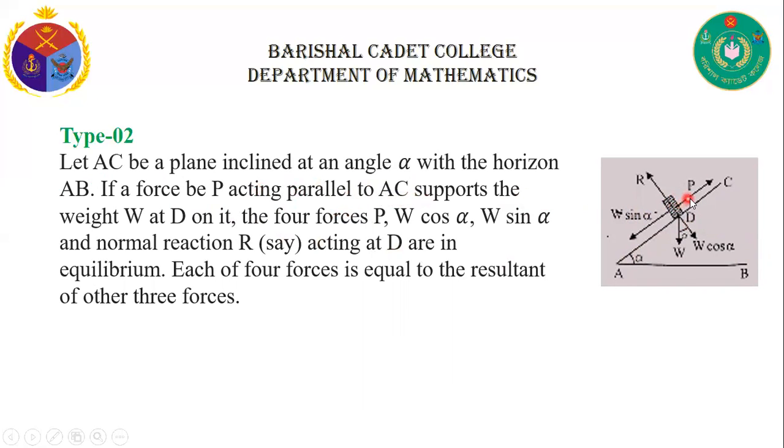The weight of the particle always acts downward, perpendicular to the horizontal, at 90 degrees. The weight of any particle makes a force W, which acts perpendicular to the horizon.